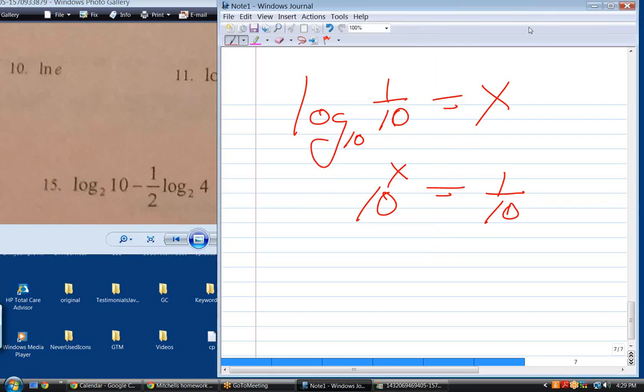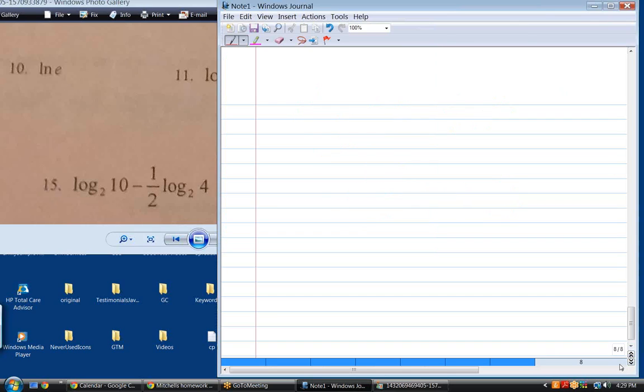What's the natural log of e equal to? Is it a number? Well, let's see. In other words, let's let it equal x and then solve for x. What's the base of natural log? 10. It's e.